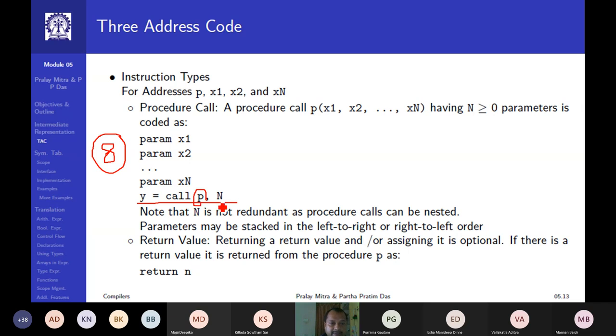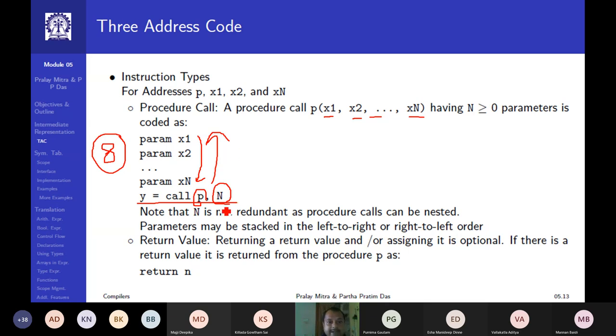And also here I am mentioning how many parameters are there. Now regarding the parameters, some compilers use the convention that you will load x1 first, x2 next, then x3, like that up to xn. In some cases it is just opposite: xn first, then xn minus 1, down to x2, finally x1. So either it will be like this or like this, based upon the convention of the compiler, and it varies a little.